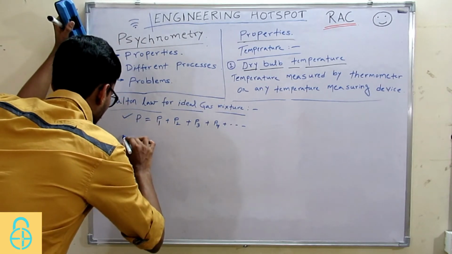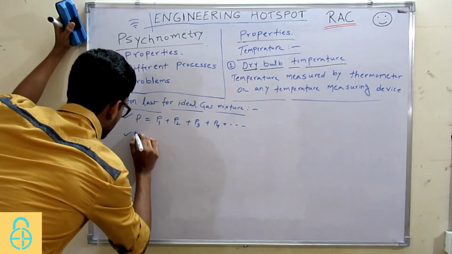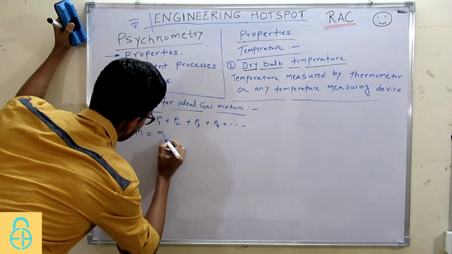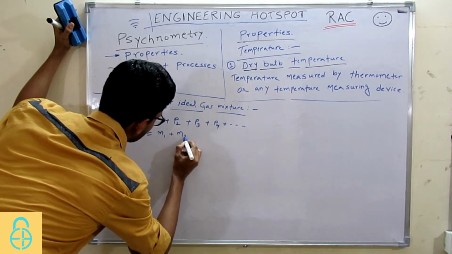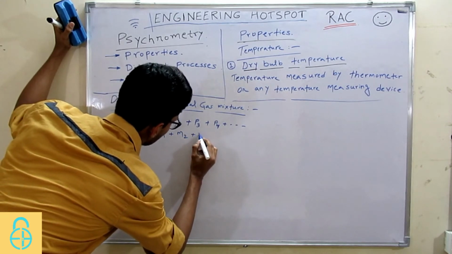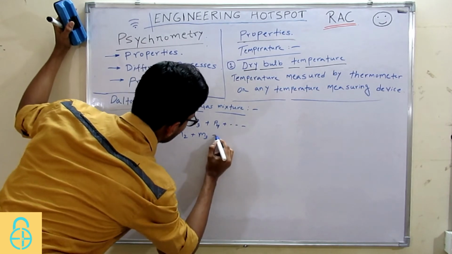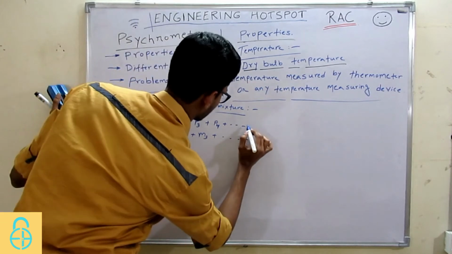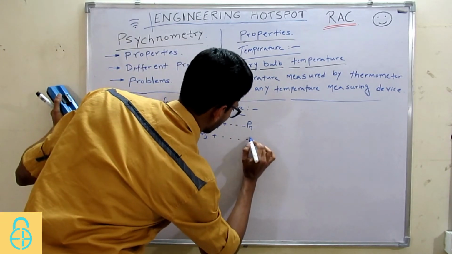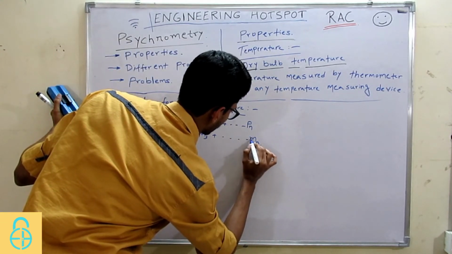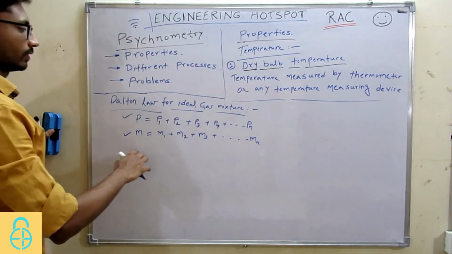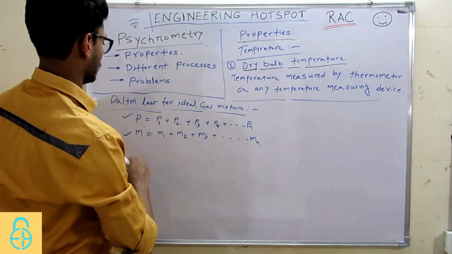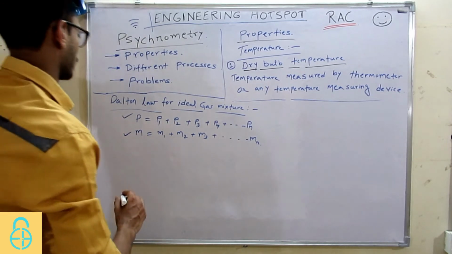Then there is one more property, mass. Mass of the first gas plus mass of the second gas plus mass of the third gas, and so on. Many gases will be there. Suppose I am taking the total as M. If you add the masses of each gas, you will get the total mass of the mixture.